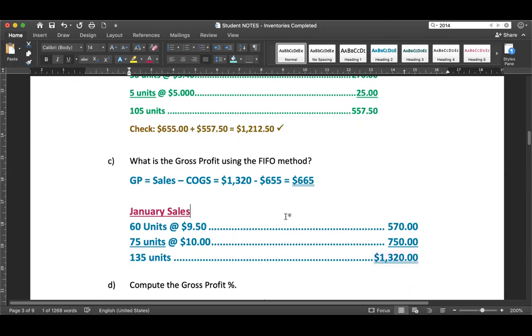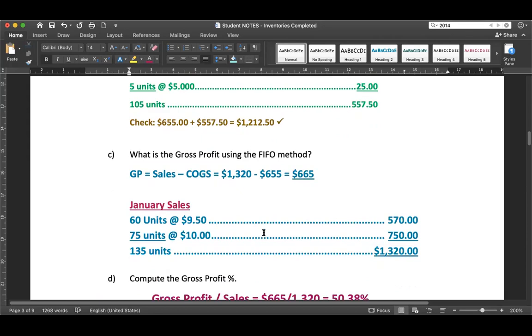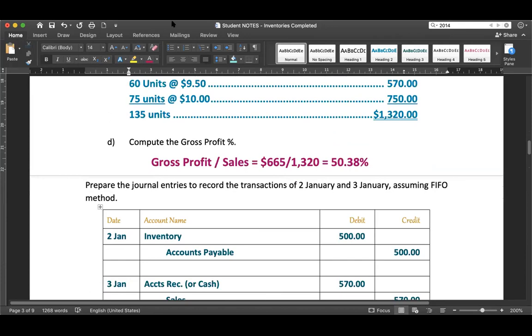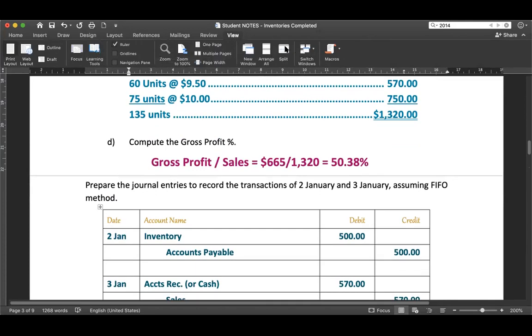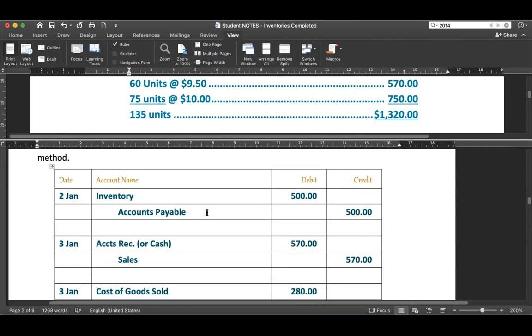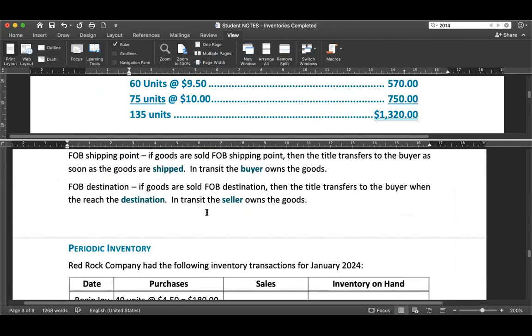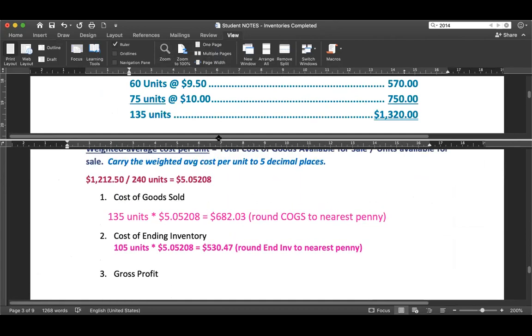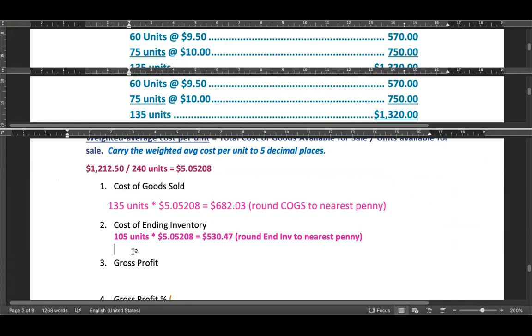So this amount here is the sales, and the sales is not going to change regardless of the method that we are using, LIFO, FIFO, periodic or perpetual, weighted average, etc. So with that, I'm going to go back down here to where we're doing the weighted average method.